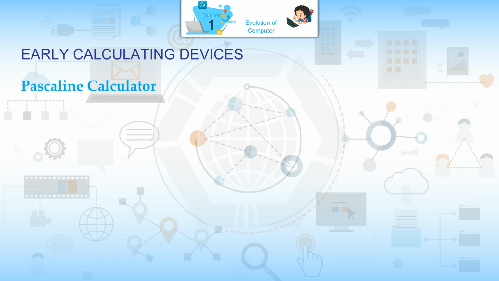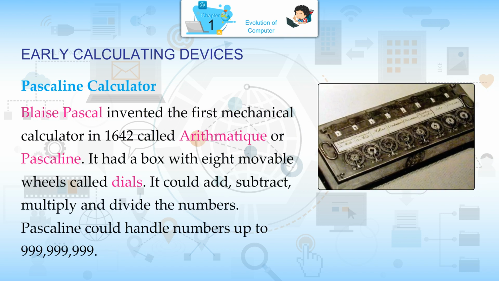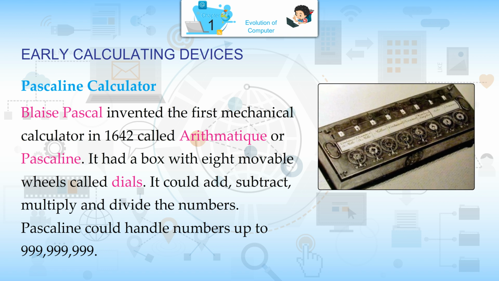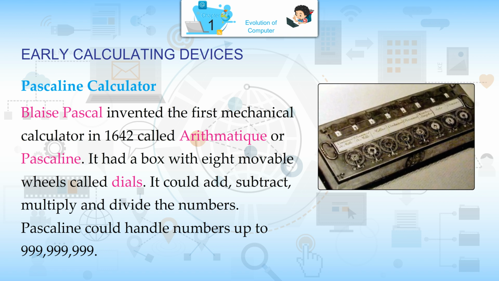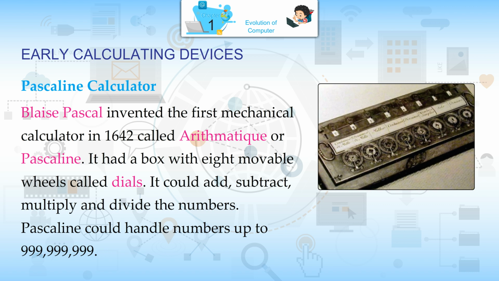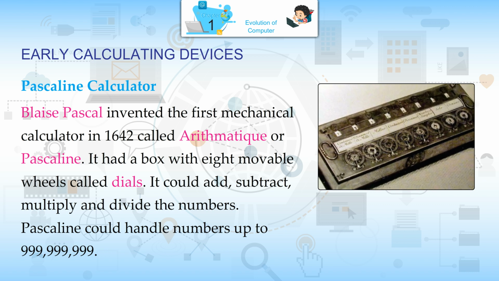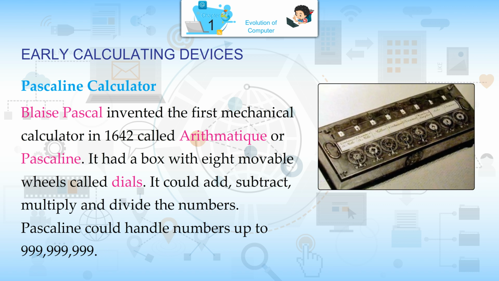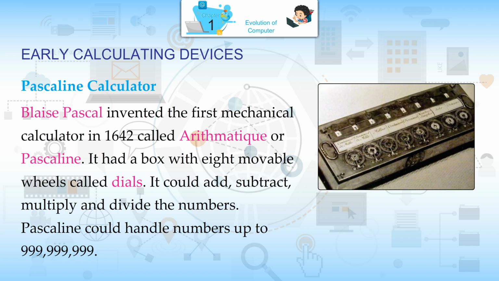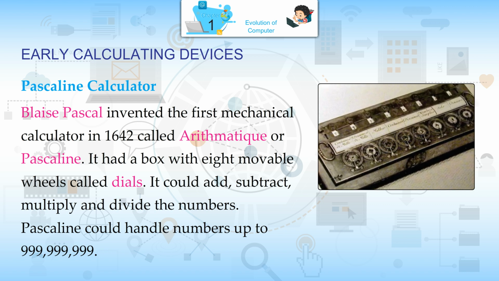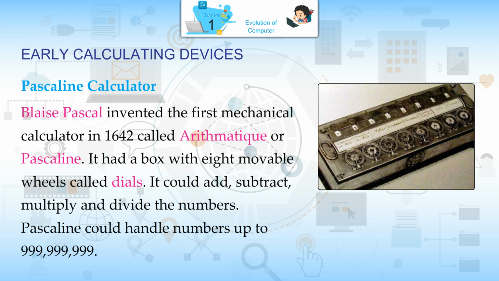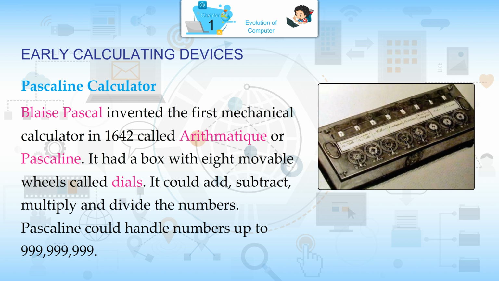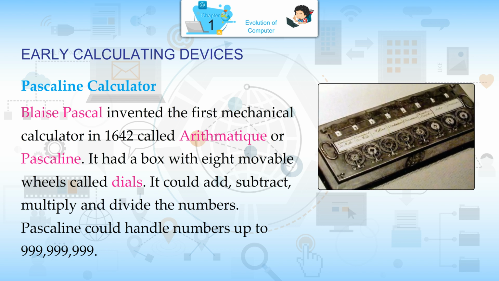Pascaline calculator. Blaise Pascal invented the first mechanical calculator in 1642, called arithmetic or Pascaline. It had a box with 8 movable wheels called dials. It could add, subtract, multiply and divide numbers.